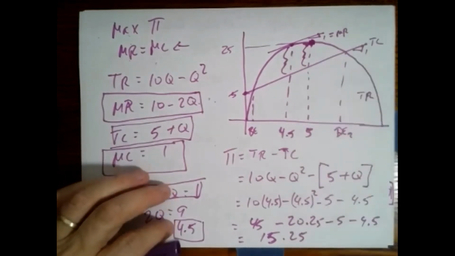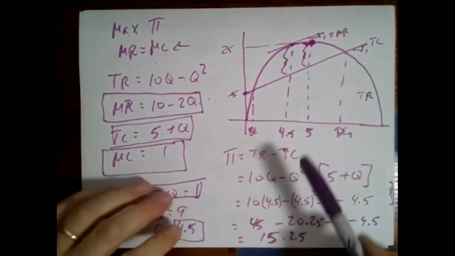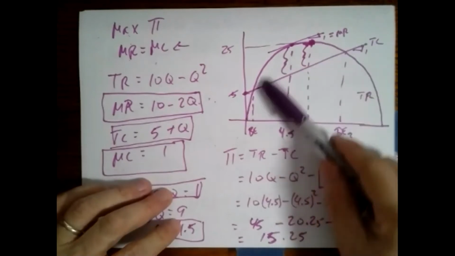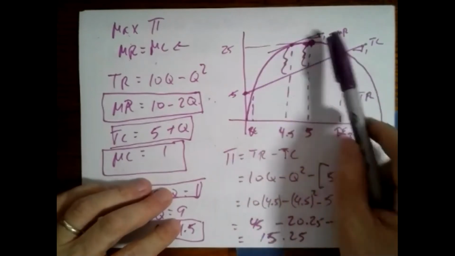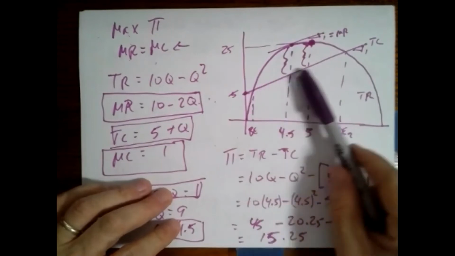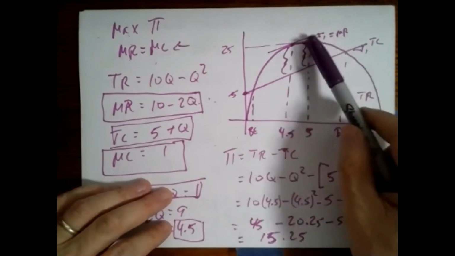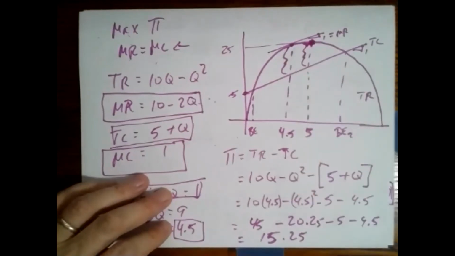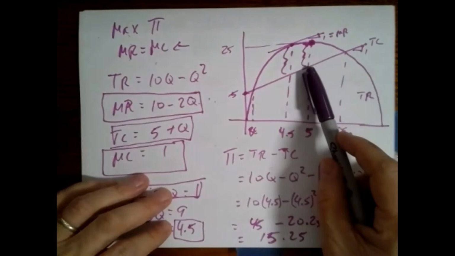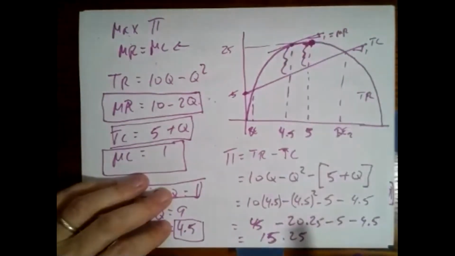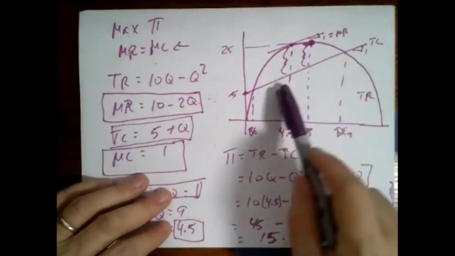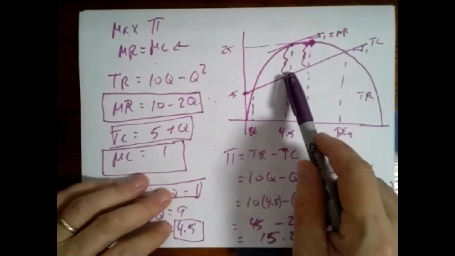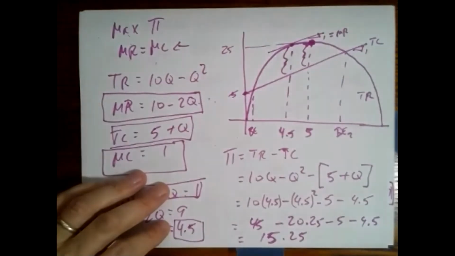It really has to do with the relationship between the total cost curve and the total revenue curve, because we're subtracting total cost from total revenue. At the quantity where total revenue is maximized, total cost relative to total revenue is actually greater than where total revenue is slightly less than its maximum.